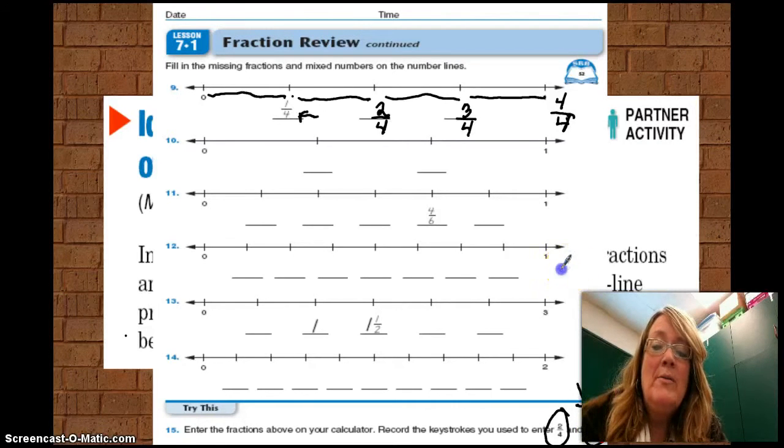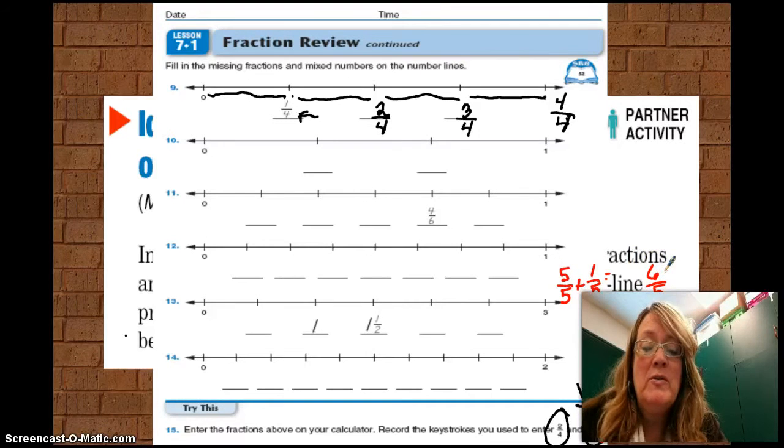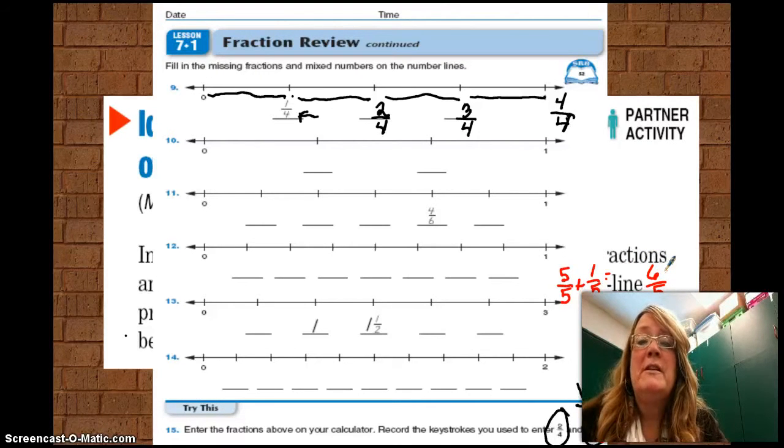So the 1 equals 5/5. And then we still have the 1/5. When we add them together, we will come up with 6/5. That is the number you now are going to be punching into your calculator. Go ahead and finish number 15 at this time.